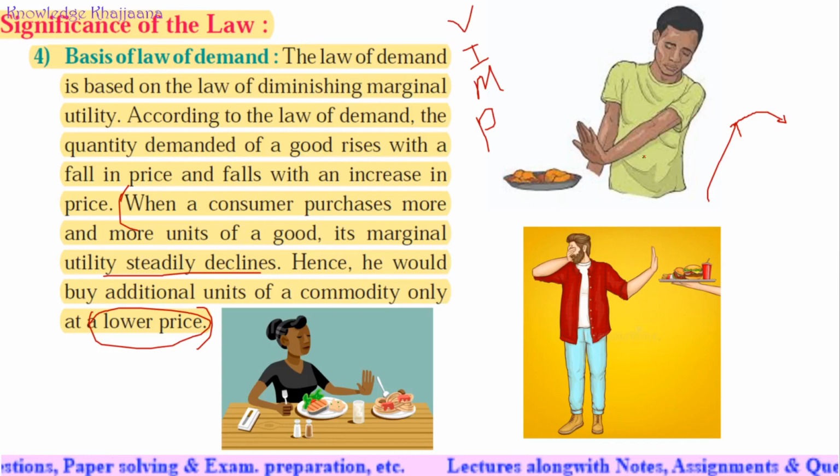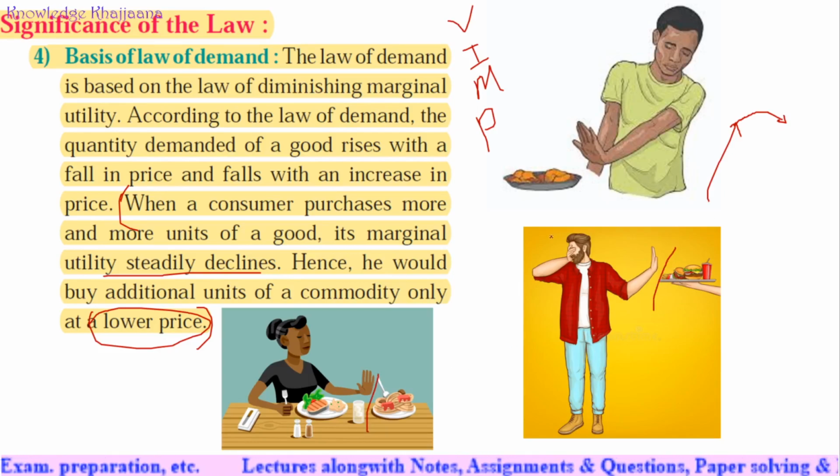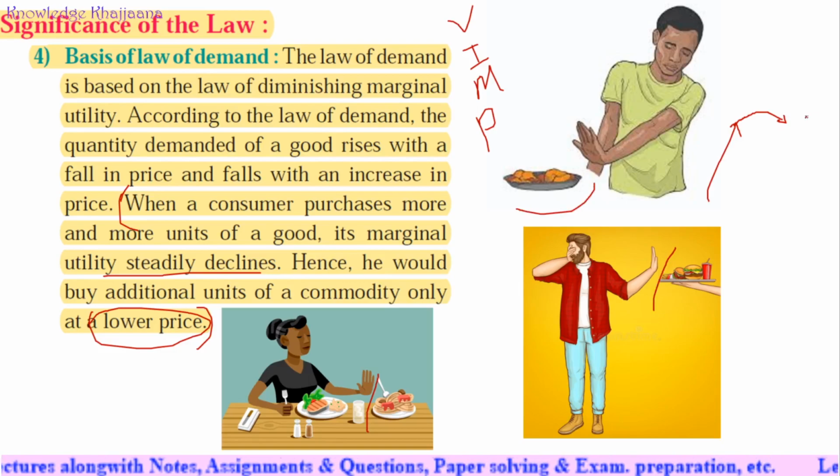See, at a specific point we don't want to have it, we don't want to consume it. We deny it. And if we still want to buy it and consume it, we will tend to buy it at a lower price.